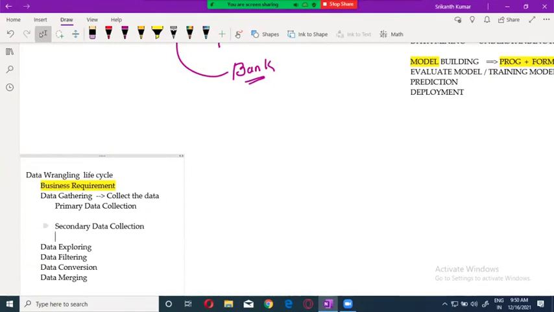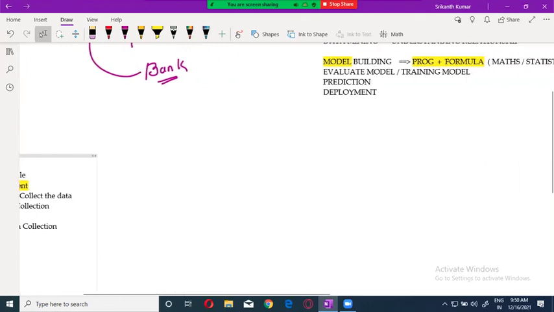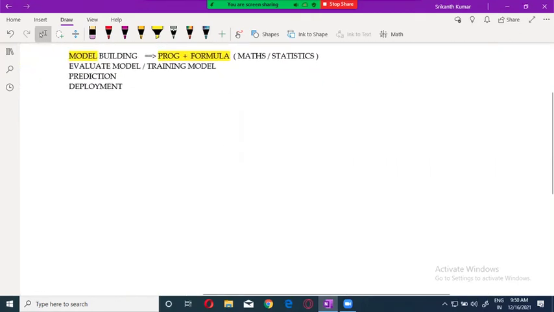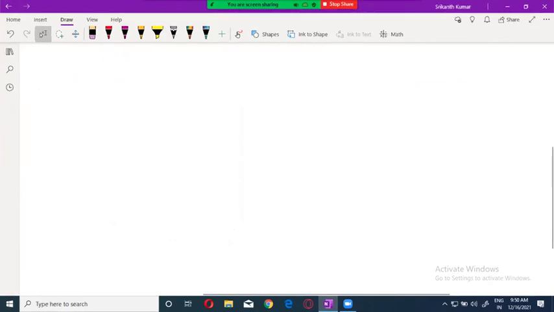It is easy. See guys, I will take an example to make you understand secondary data collection. Just imagine that you are working in a company, and this company has a client.